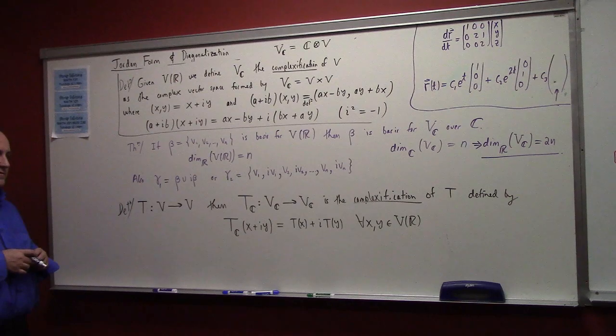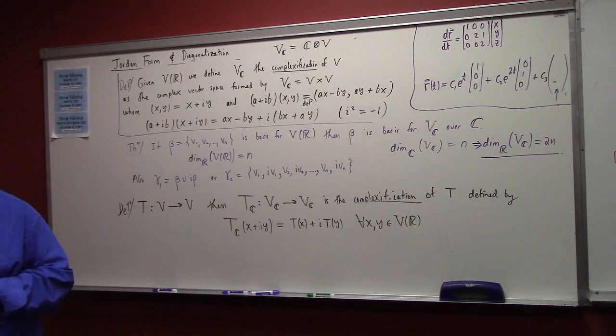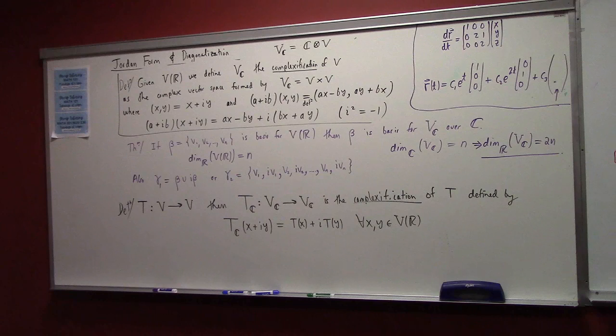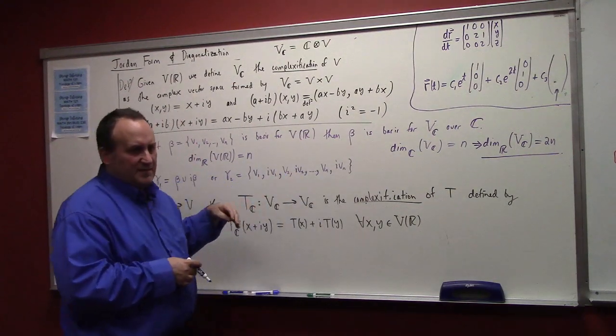So of course, if we're given a linear transformation, we can study the interplay between the characteristic polynomial. Okay, so this theorem right here wouldn't have been hard to prove, I'm just being lazy.